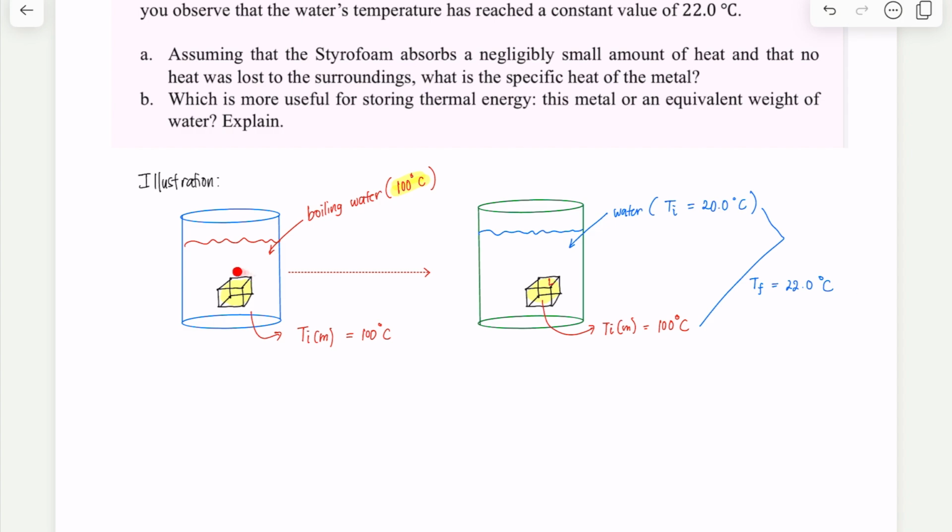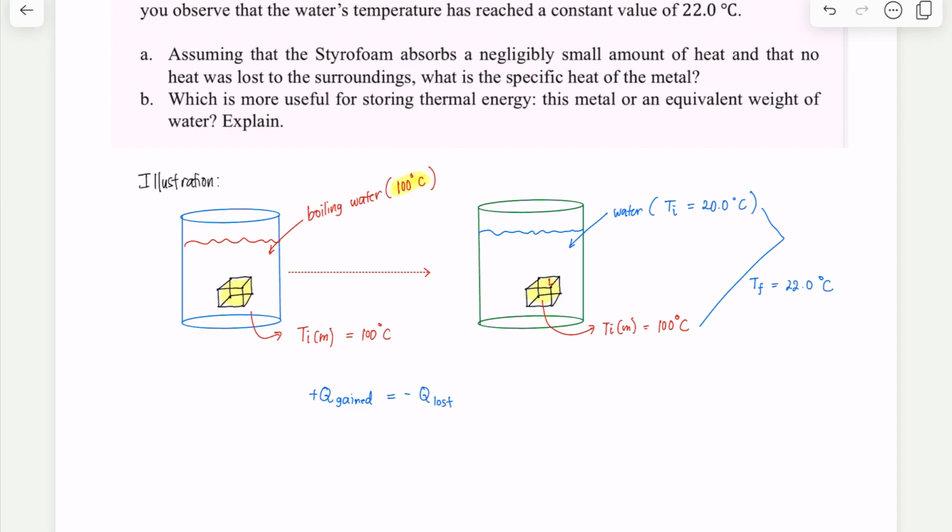Think of it as this chunk of metal has a larger quantity of heat, and that heat is being transferred towards your water. So in any calorimetry problem, always remember this: the heat gained by something, Q plus, is always equal to the negative Q, meaning it's losing heat, the heat that is lost.